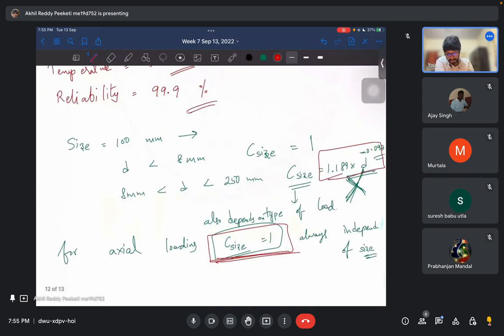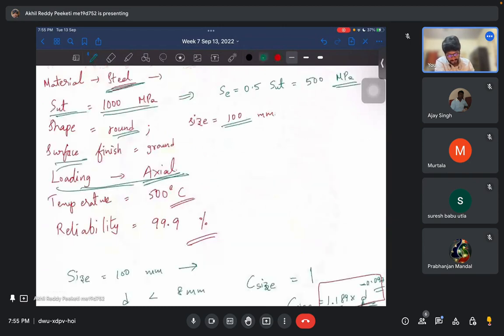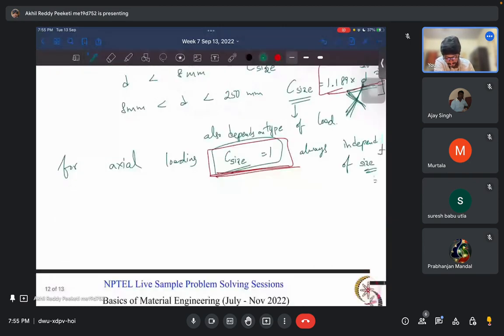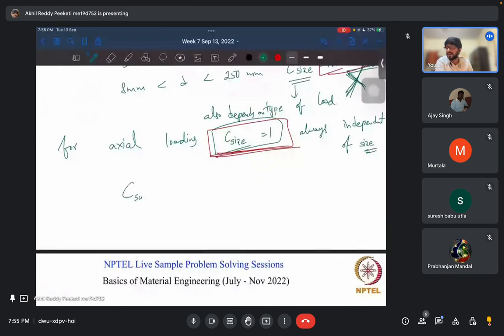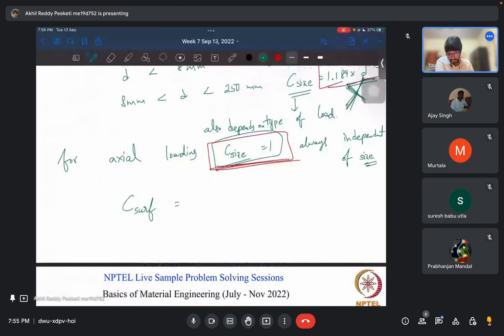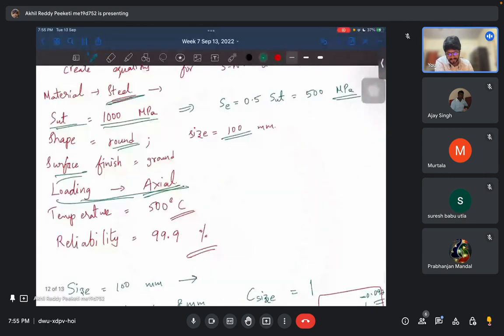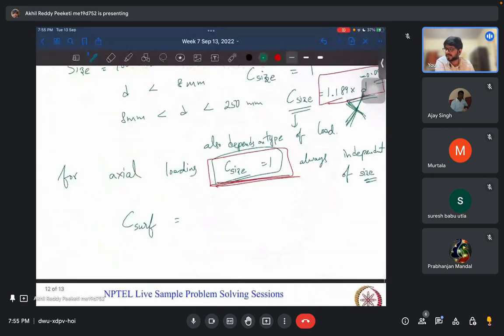Okay. Now, due to surface finish, what should be the correction factor? For that, see the textbook or the slides, and this is ground surface finish. So for ground surface finish, it is A into SUT power B, where for ground, A is 1.58 and B is minus 0.085.